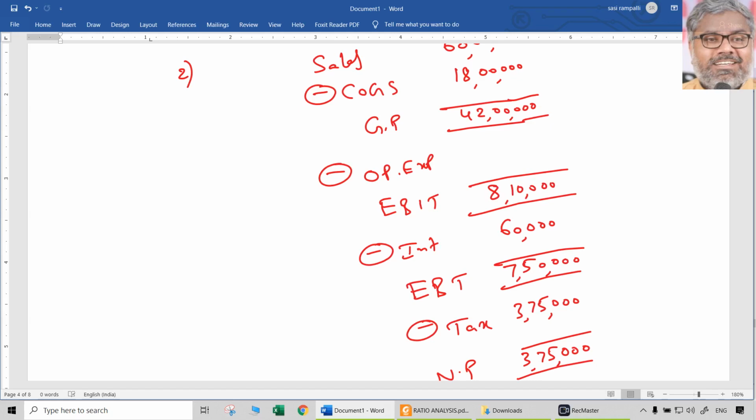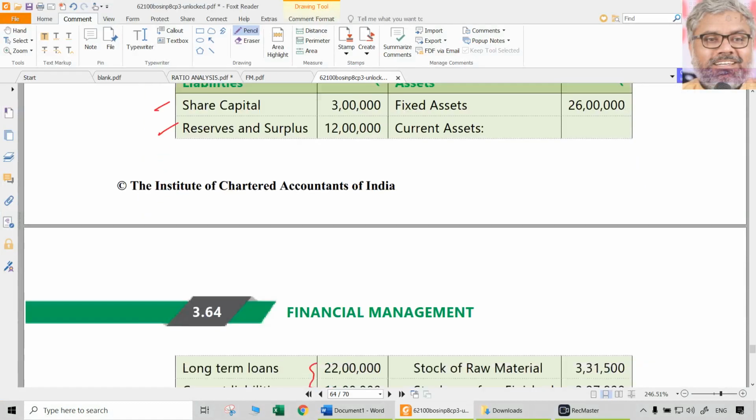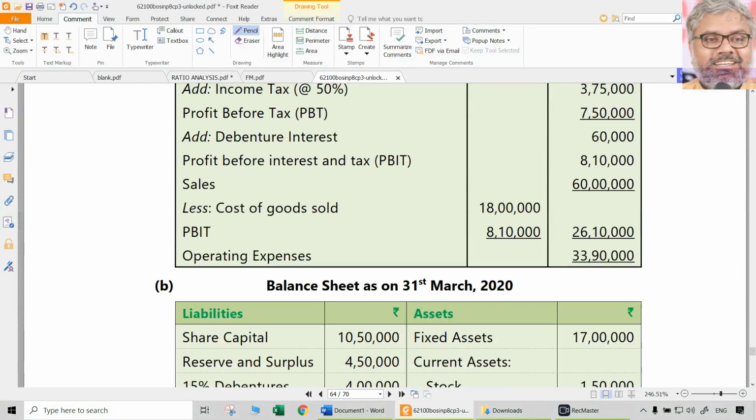That means automatically how much will be the operating expenses? That is 33 lakhs 90,000. Reverse calculation. So this is the answer. 33 lakhs 90,000 is going to be the operating expenditure in the fourth question.